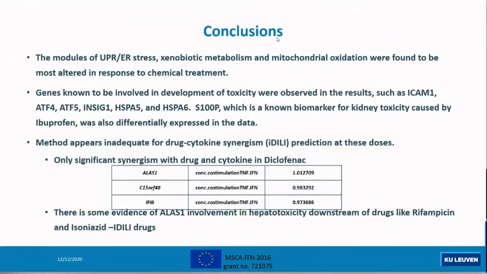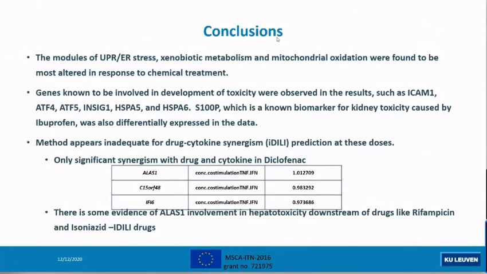INSIG1 is involved in the development of obesity in response to treatment of clozapine, and this also popped up. And interestingly, also S100P, which is a known biomarker for acute kidney toxicity caused by ibuprofen, was also differentially expressed in the data for ibuprofen treatment.